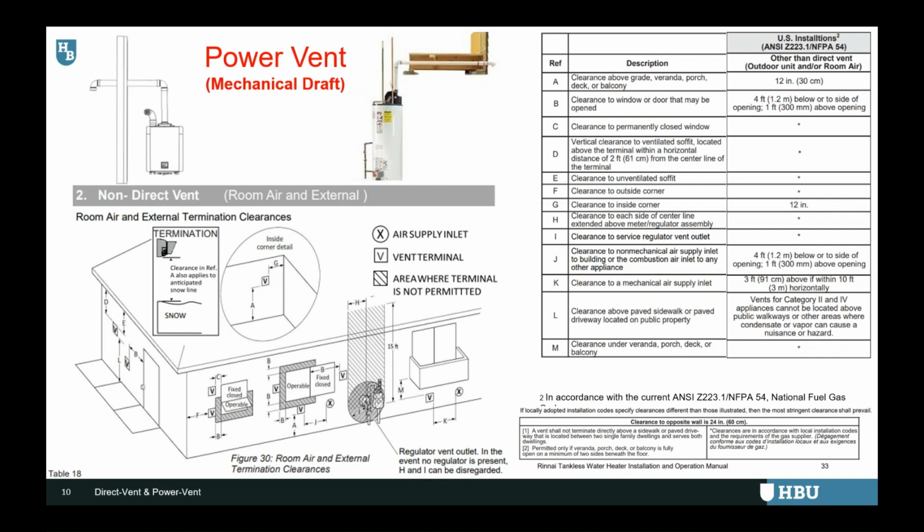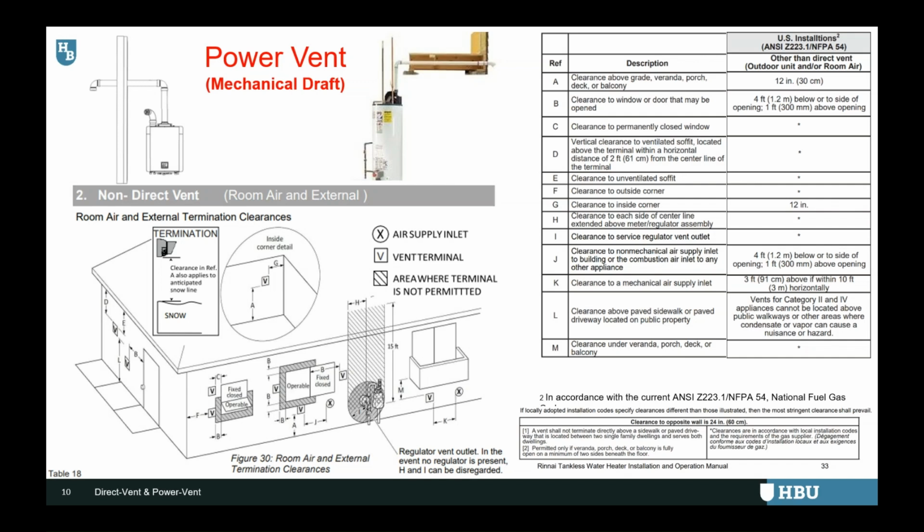Finally, clearance to a mechanical air supply inlet, reference K. If your power vent terminal is within 10 feet horizontally of a mechanical air intake, it must be located at least 3 feet above that inlet. This is a critical safety measure to prevent exhaust from being drawn directly into the building's HVAC or ventilation system.